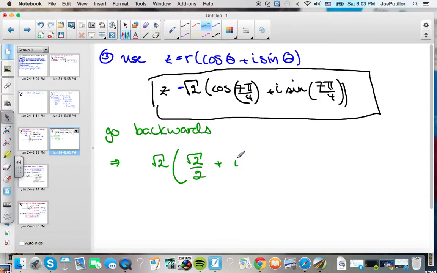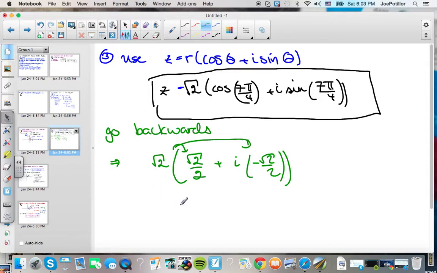plus sine of 7 pi over 4, which will be negative square root 2 over 2 because it's in the fourth quadrant. And then from here you distribute. To distribute it, you go backwards like that.